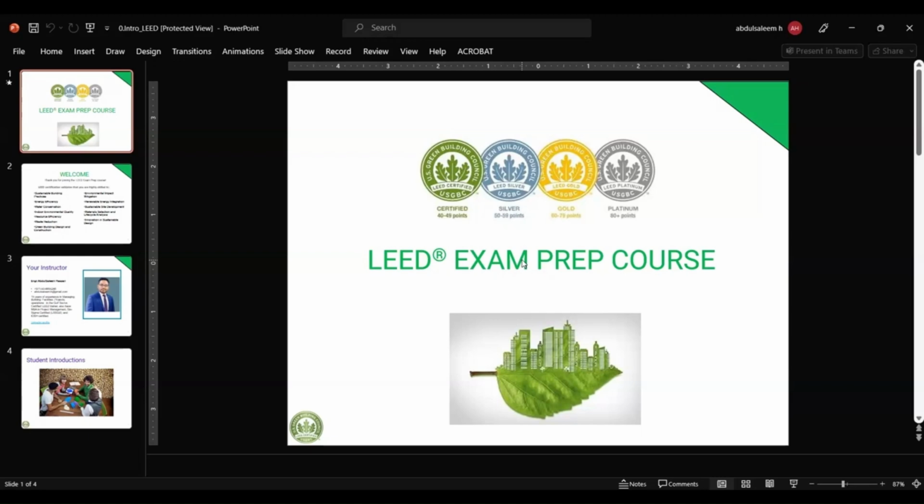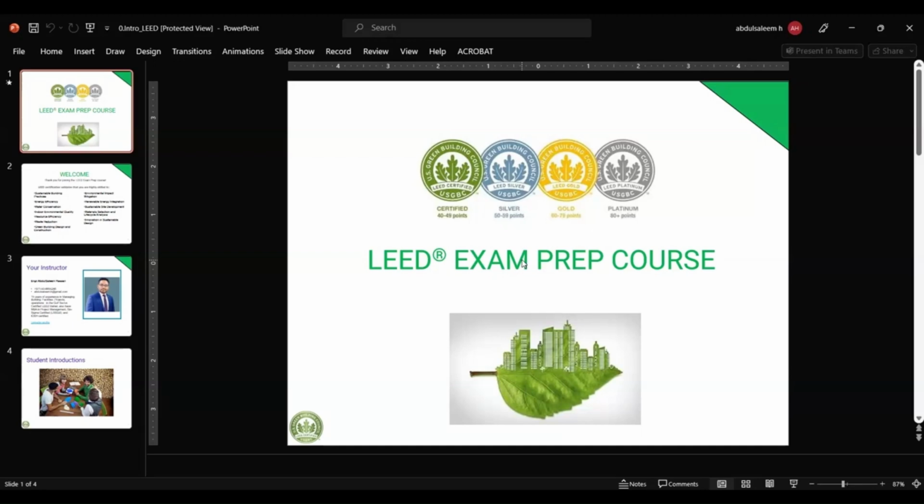But those who want an expert level can go for LEED AP. LEED GA will consist of only 18 hours of class, so the first 3 days will be for LEED GA.